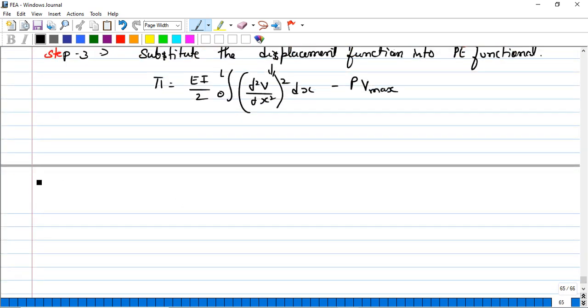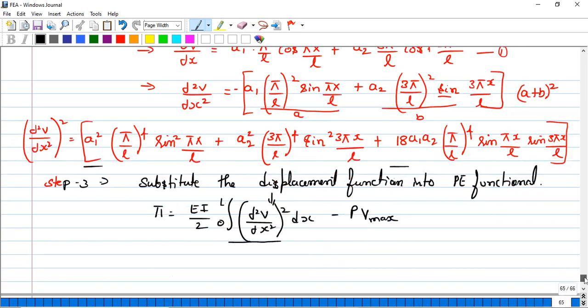The equation that I get, I will substitute into this 0 to L, and later we shall apply the integration by considering each term. What are those terms?